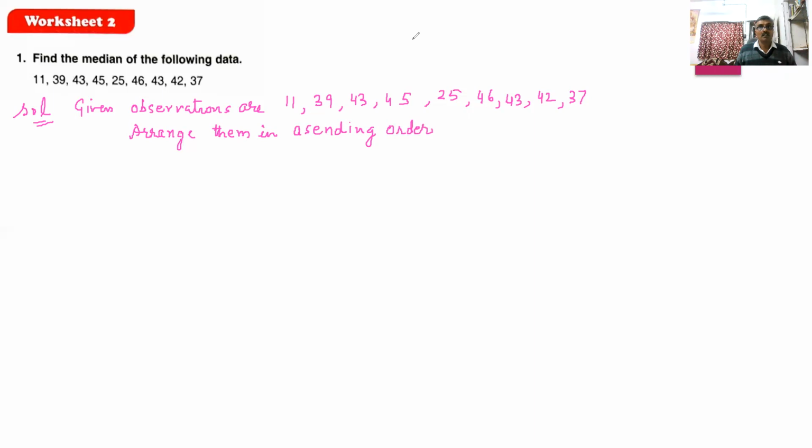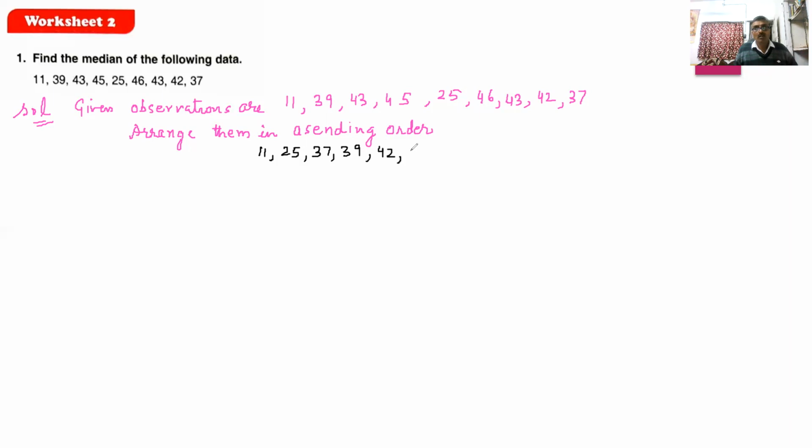First number is what? Which will be the first number? 11. After 11, 25. After 25, 37. After 37, 39. 39 के बाद कौन सा नंबर है? 42.